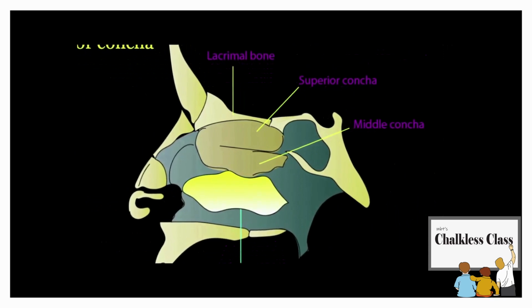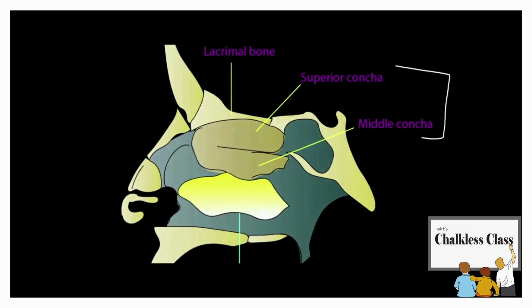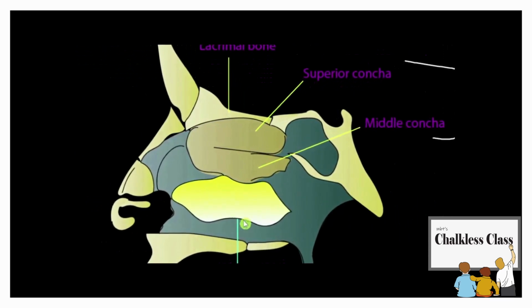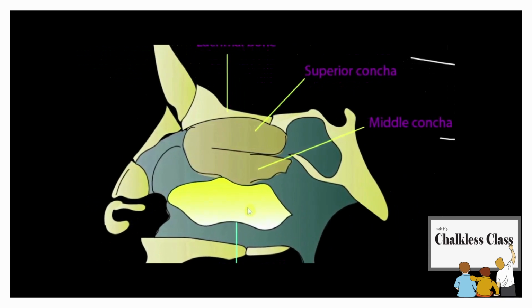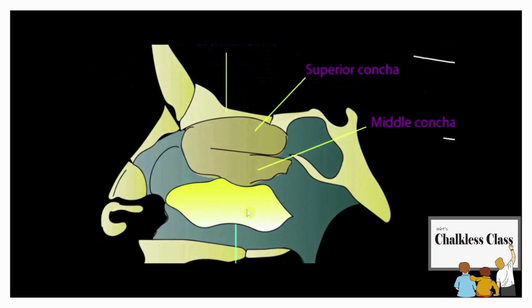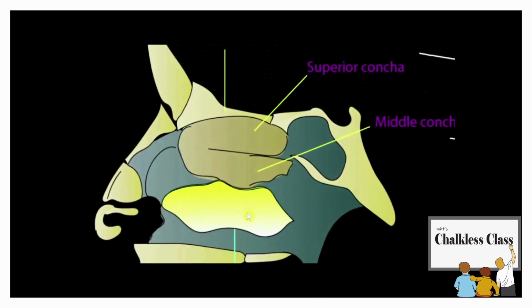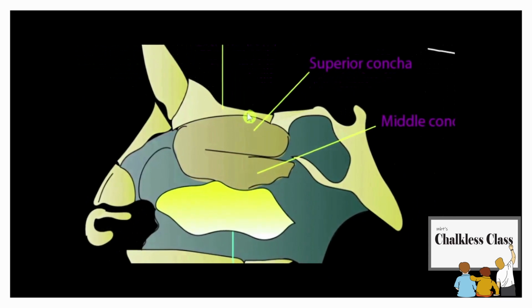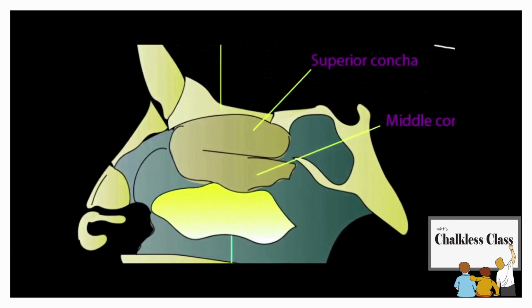Superior concha and middle concha are the processes of the ethmoid bone. Ethmoid is a skull bone. The inferior concha is also called the inferior nasal concha. These are paired bones and this is the inferior concha. Inferior concha, middle concha and superior concha give support to the nasal septum.